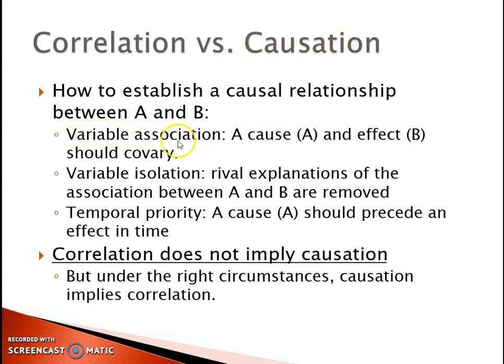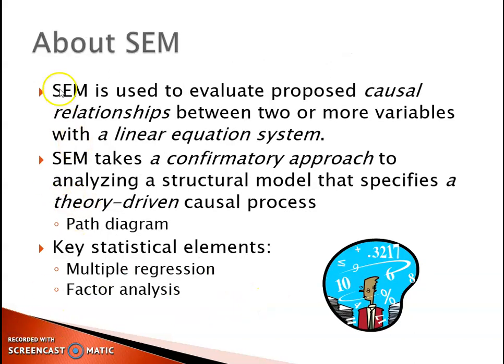Because of the variable association we observed, it is reasonable to argue that under the right circumstances, if you have causation between two variables, you should observe some correlation. So this is how SEM approaches causal relationships.